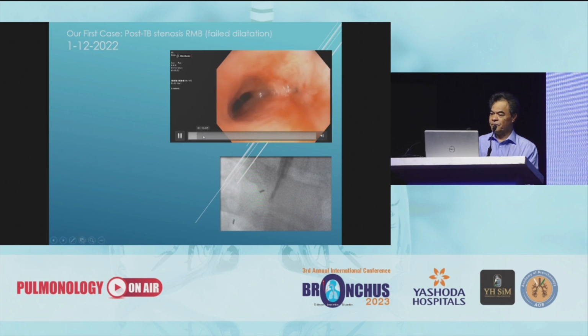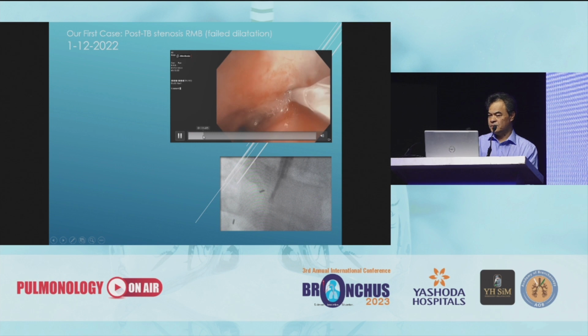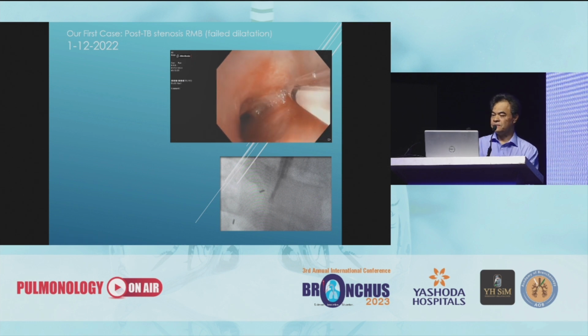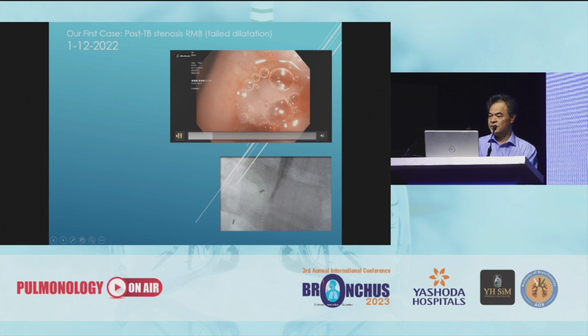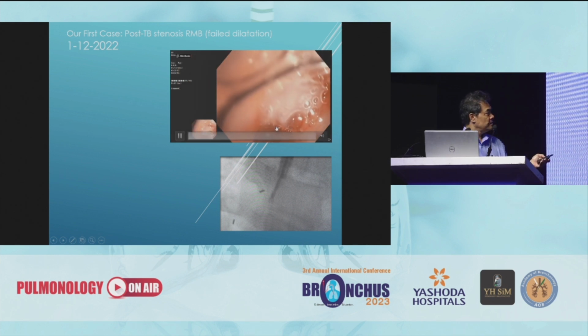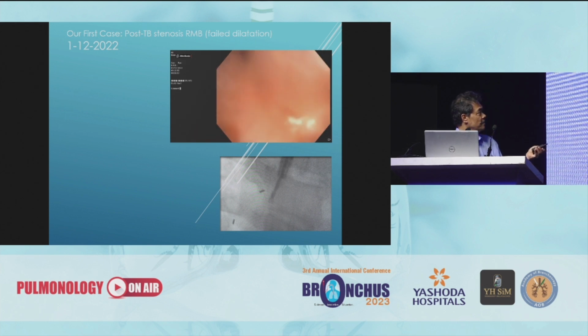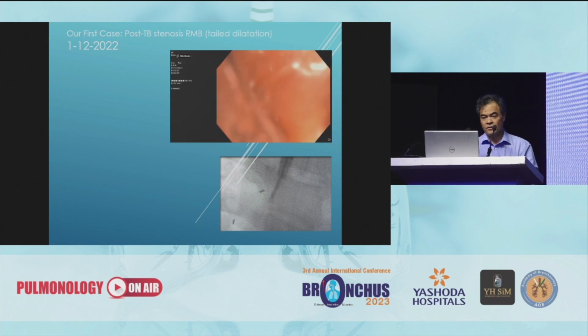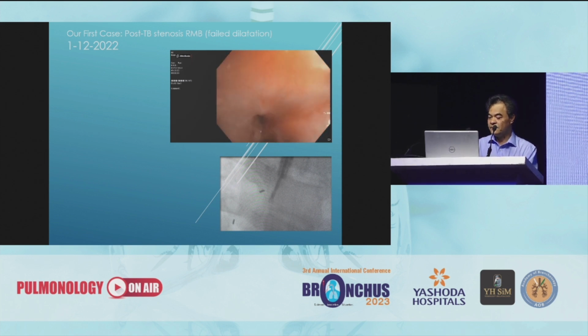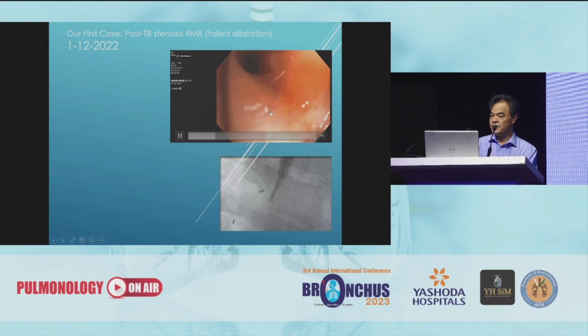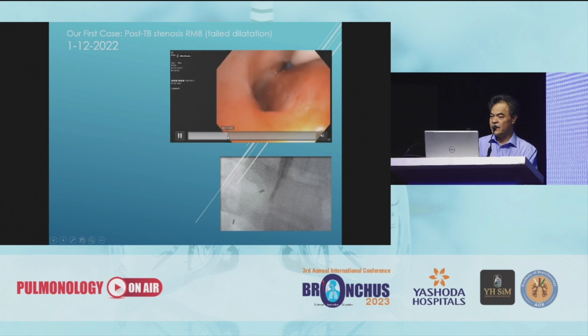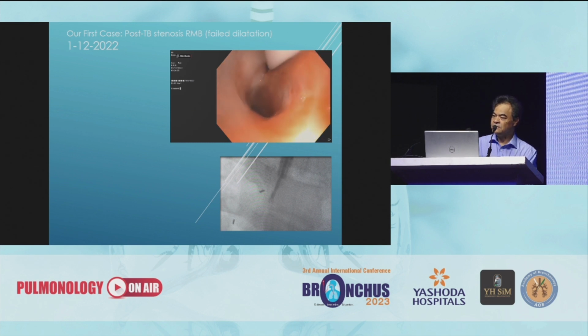So this is what we did. We dilated it first. And you can appreciate there the post-obstructive pneumonia; after we relieved the obstruction, a lot of secretion came out after the dilatation. Then we attempted to insert the BD stent.